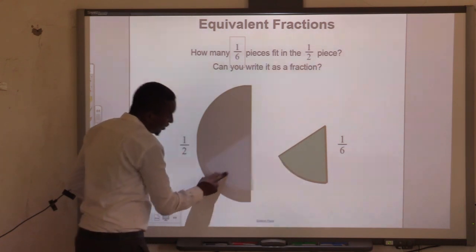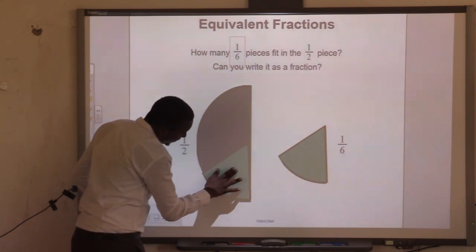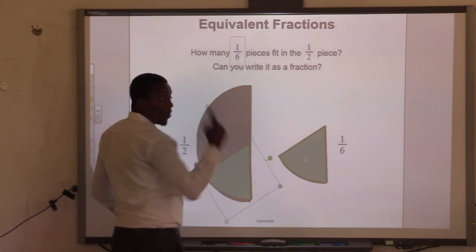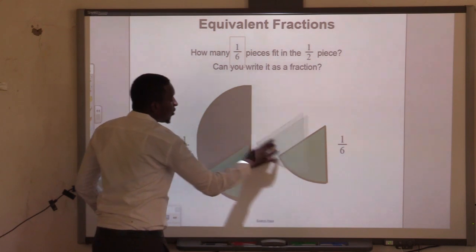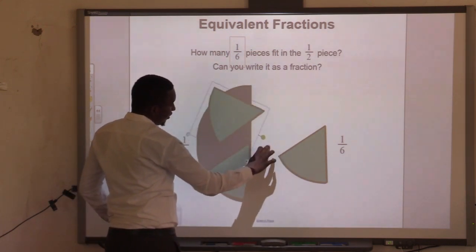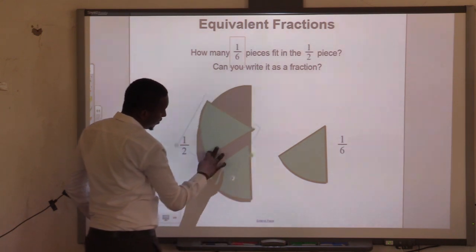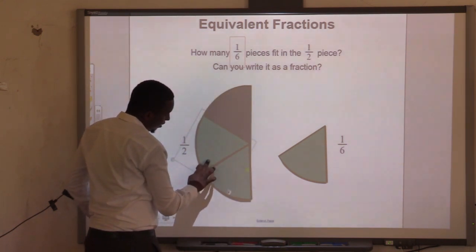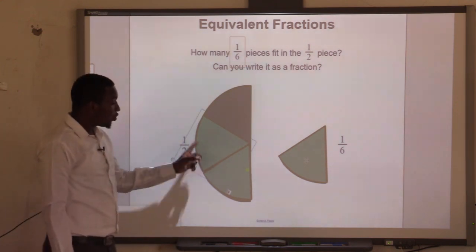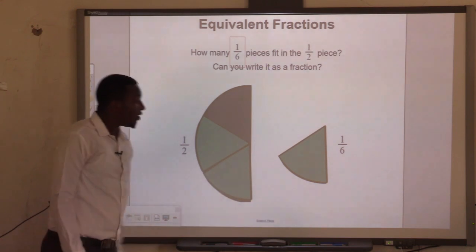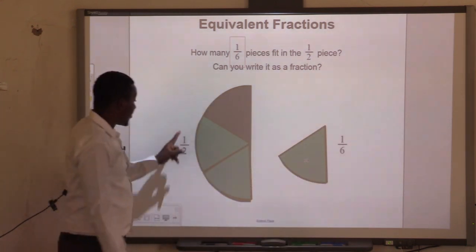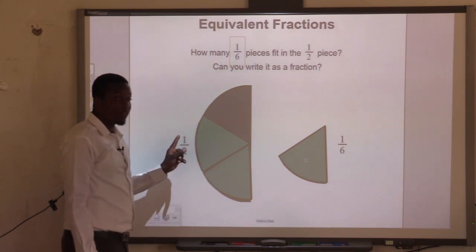So we take one of it, we put it there, we have one piece, then we take another piece, rotate it a little bit, and then we have it there. Now as we are counting, there are 2 pieces of 1/6 that fit so far in the half circle, that is half of the other circle.